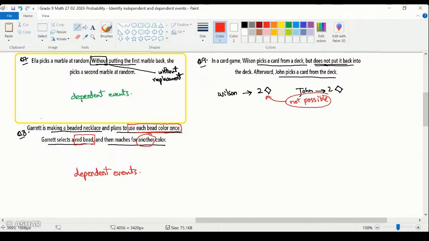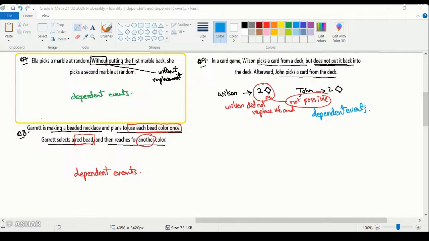Because Wilson did not replace the card. Agreed? That means whatever Wilson chooses will affect John's result. That means they are dependent events. Agreed? The outcome of one affects the outcome of the second.